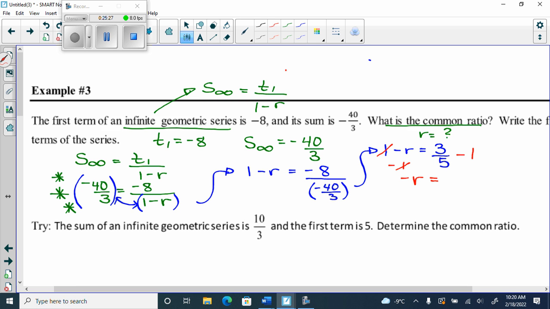Negative 3/5 minus... this can be negative 5/5, right? And then how do I get R by itself? Because it still has a negative 1 beside it. Times with negative 1, or you can divide by negative 1. Either way, just basically change the sign of the other side, right?